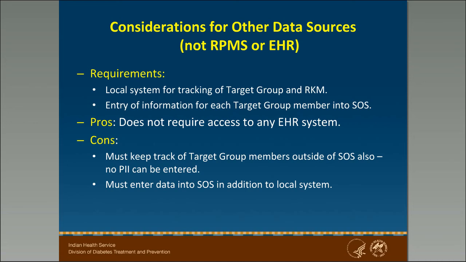Cons is that you must keep track of the target group members outside of the SOS. Also, no personal identifying information can be entered. So you need some sort of way of keeping track of those individuals so that you can identify them in the SOS. And you must enter data into the SOS in addition to your local system.